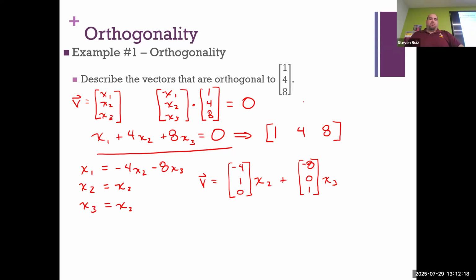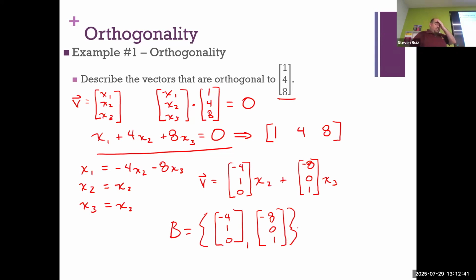So in trying to find the vectors that are orthogonal to this single vector, what we found is that the basis for it is these 2 vectors: -4, 1, 0, and -8, 0, 1. So any vector that is built out of combinations of those 2 things had better be orthogonal to 1, 4, 8.